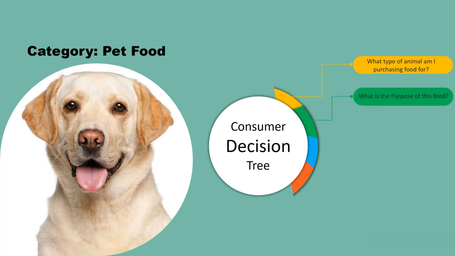Second, what is the purpose of this food. Third, what form of pet food they are going to buy. And then, what brand they should select. These are the 4 main decisions they have to make, but they don't consciously think about it; it goes through their mind in less than a second.